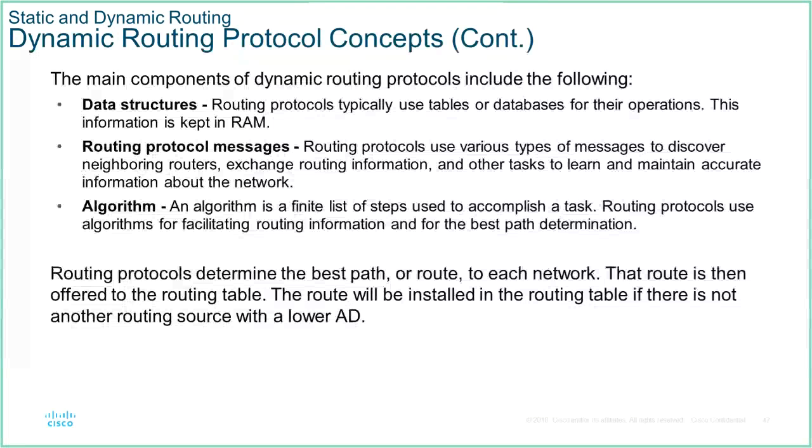Then we have the various algorithms that the various protocols use to calculate the best path to the destination. It's the output of the algorithms that are entered into the device's routing table.